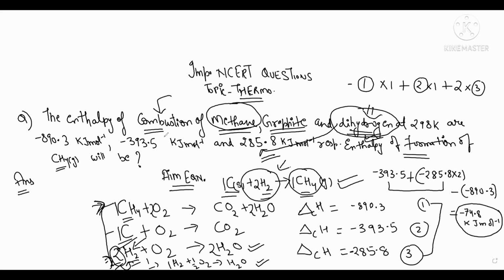So the basic gist of these types of questions will be whatever the information is provided to you, you just have to write the equations first and you have to write the aim equation. Now you have to see what things are written on the left and what things are needed on the left. Similarly for the right hand side, if a thing is written on the left in the given equation and in the aim equation also it is written on the left side, then you have to take it in positive sign, otherwise you have to apply a negative sign.